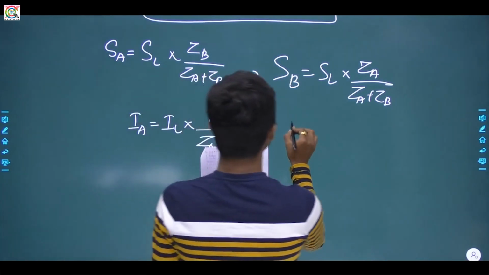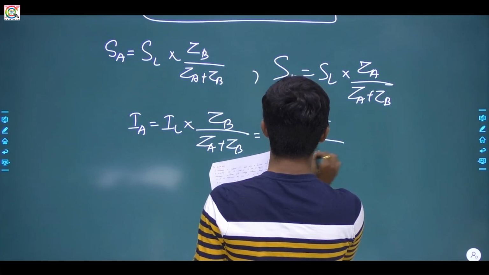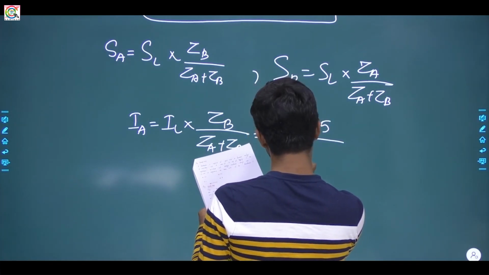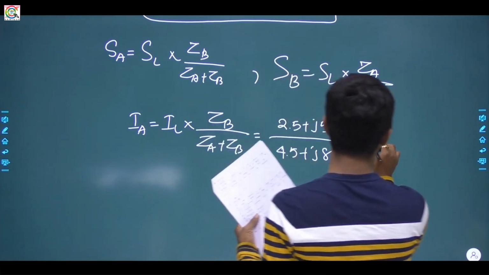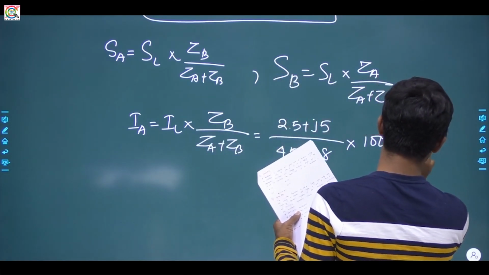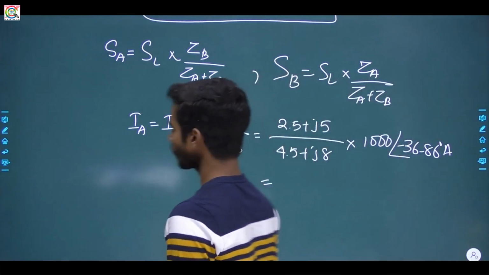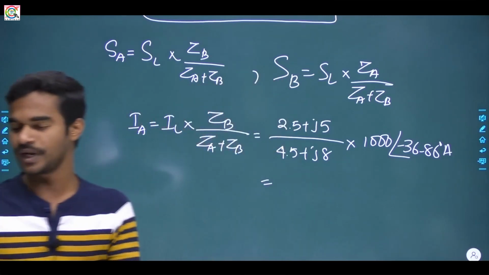What is the value of ZB? ZB is 2.5 plus j5, and ZA plus ZB will be 4.5 plus j8, into IL, which is 1000, angle minus 36.86 ampere. So can you tell me what the value of IA will be?